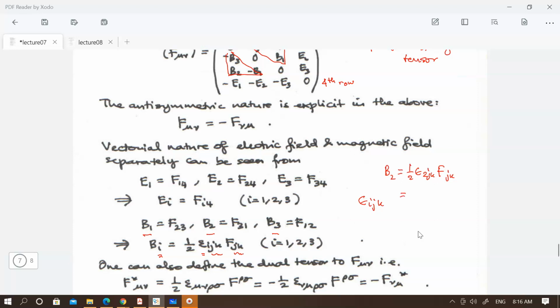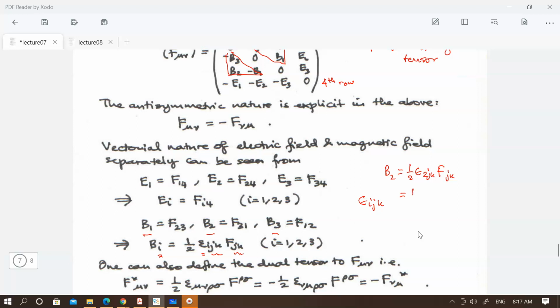If you try to sum the possible indices that can come in this jk combination, since you have already 2 here, remember that 2 cannot be in the jk position, because otherwise it will be 0. So that means it's either 1 and 3 or 3 and 1.